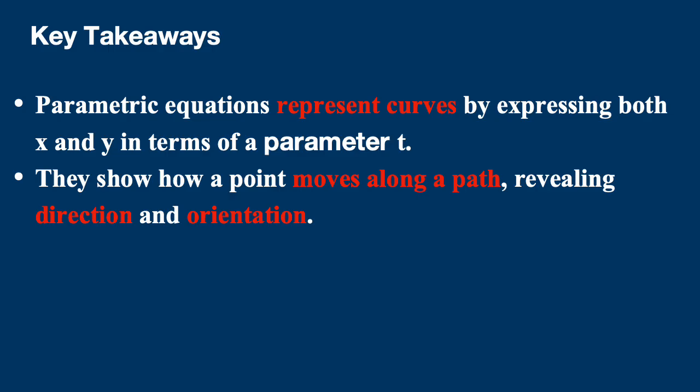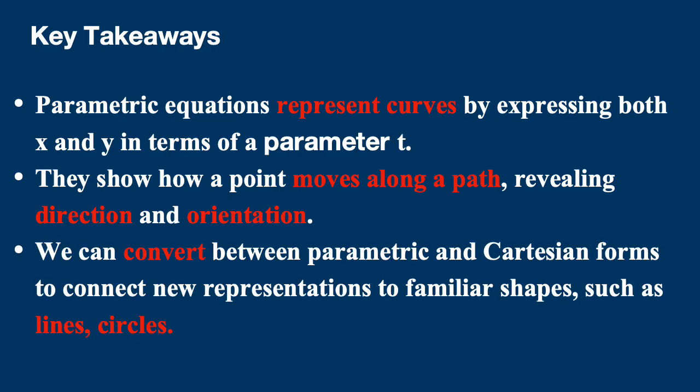That's different from a regular equation for a curve. Third, you can convert between parametric and rectangular form to connect the two representations to familiar shapes, such as lines and circles.